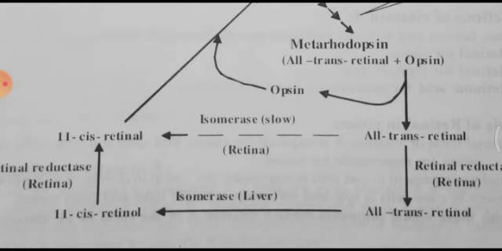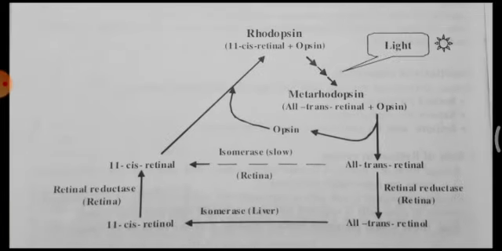So it will undergo the alcohol form, then trans to cis form, and cis to aldehyde form in the liver along with the retina, whereas it can also take place directly from the all-trans aldehyde form of retinal to 11-cis. In the slow process you can see the dotted arrow line, isomerase, a slow reaction in the retina. This is called the Wald visual cycle, which was discovered by Wald.